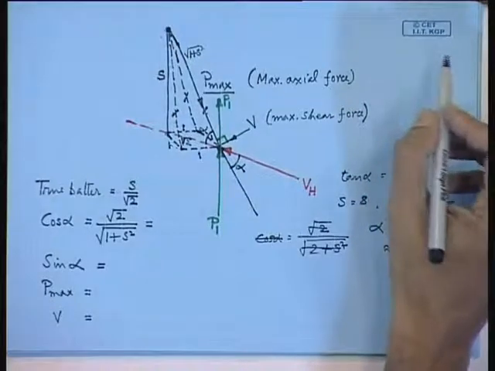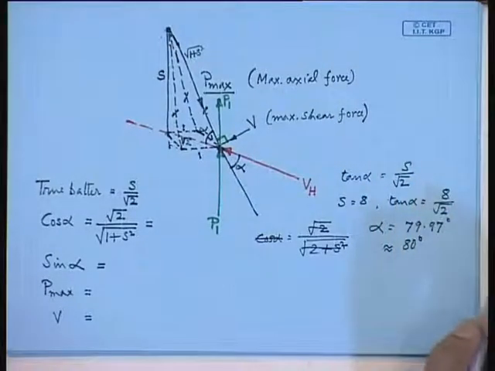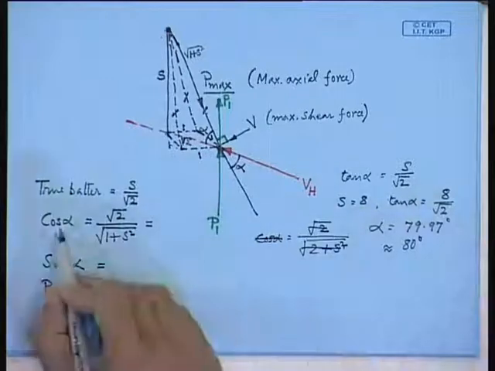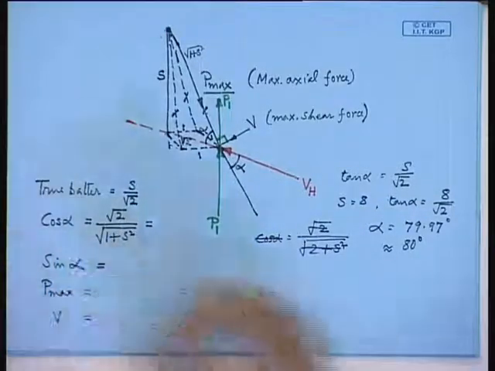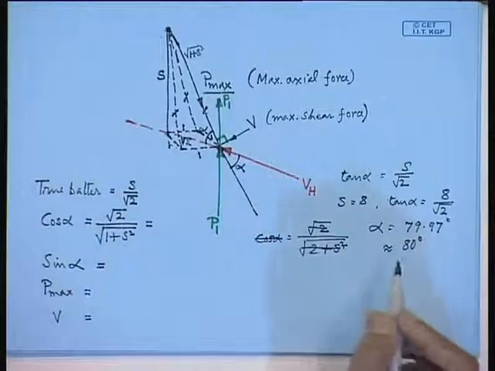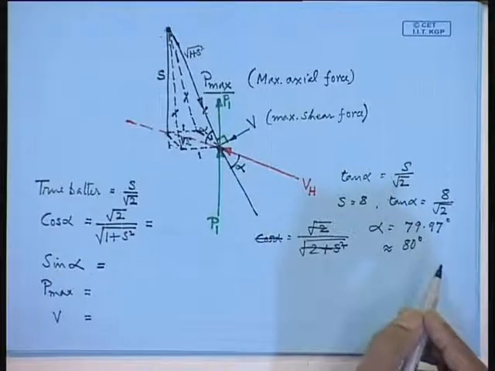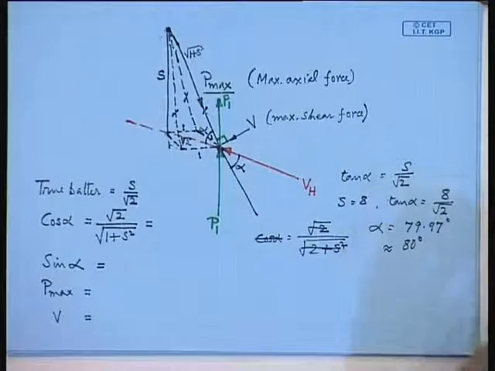So that means the slant is not much. And from here cos alpha, if I take this, how much are you getting from this equation? So the better angle is coming out to be 80 degrees.